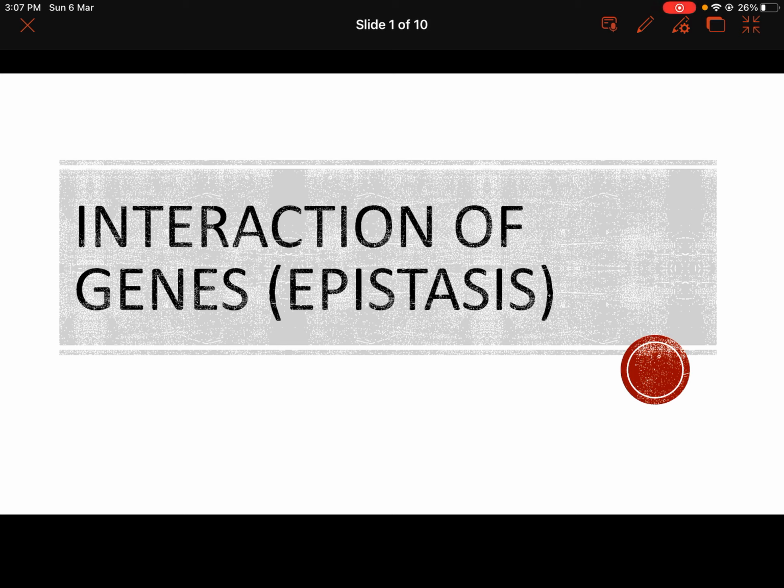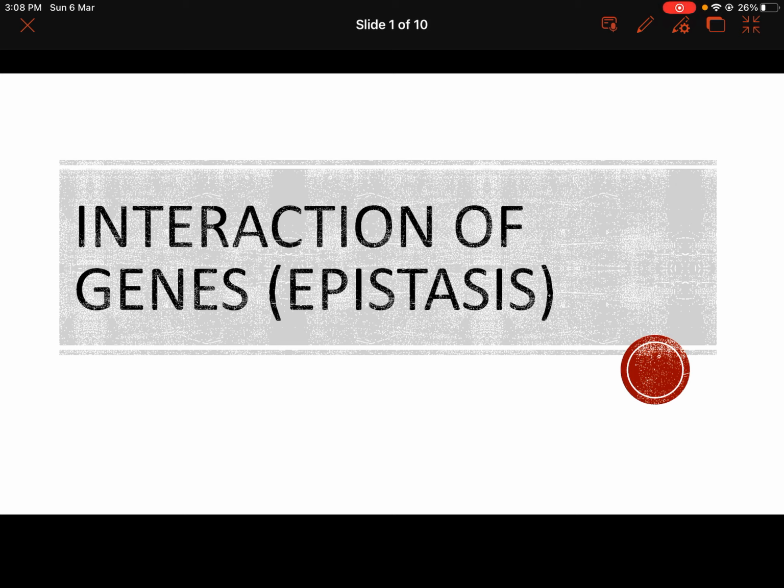The second law was the law of independent assortment, where we took two characters into consideration at one time, with two alleles of one gene. For example, seed shape, where we have wrinkled and round, and seed color, where we had yellow and green.